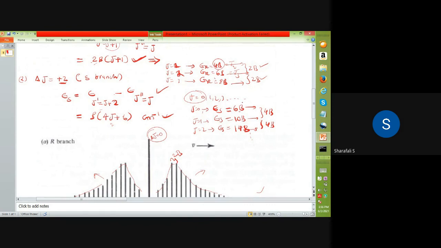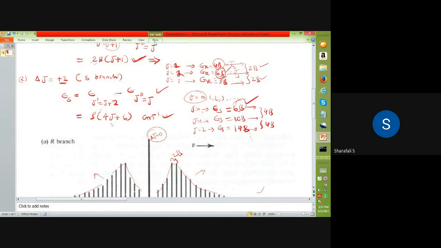And in case of the S branch, we have the first line at 6B. Okay, and if you are considering the second line in the R branch, then it is nothing but 6B. Okay? So this 6B will coincide with this 6B. The second line of the R branch coincides with the first line of the S branch.